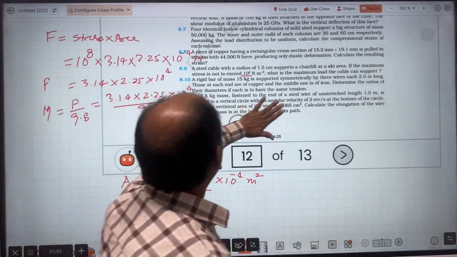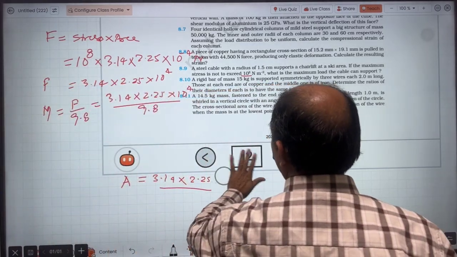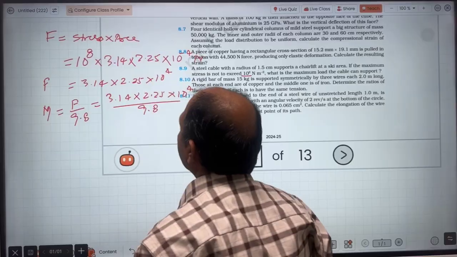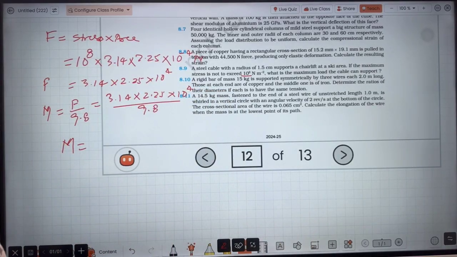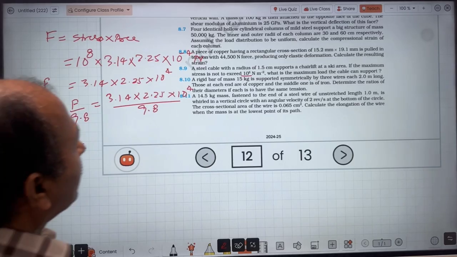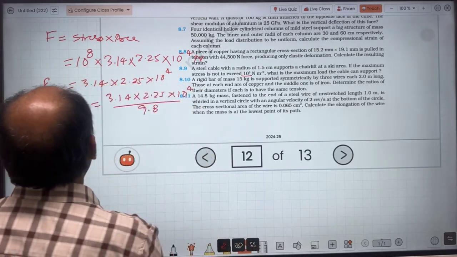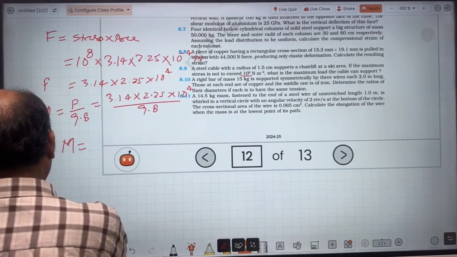Take 2 minutes and try to get the answer. So what is the mass? You can evaluate, or you can also leave it in terms of force.